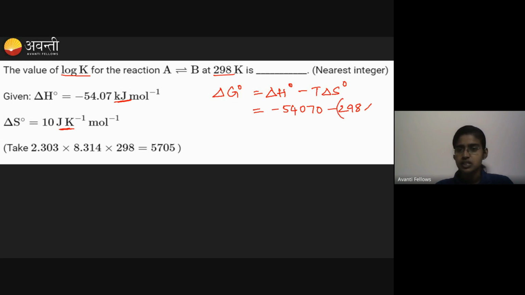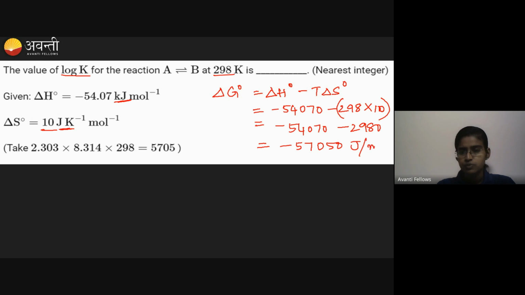Delta S naught is 10. So just substitute everything, and here we will get minus 54070 minus 2980, which is equal to minus 57050 joule per mole, the delta G naught value.